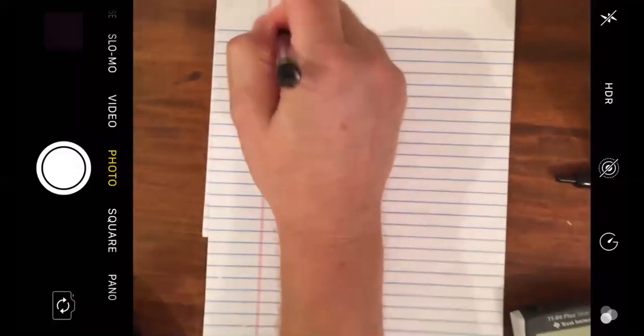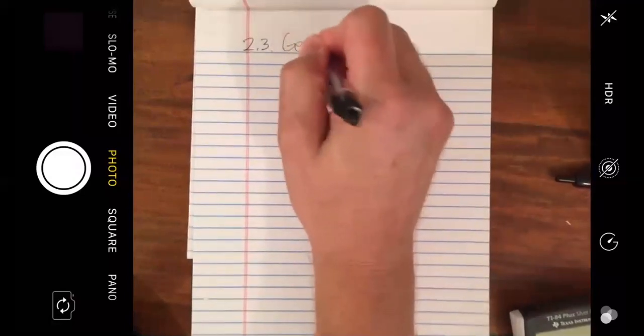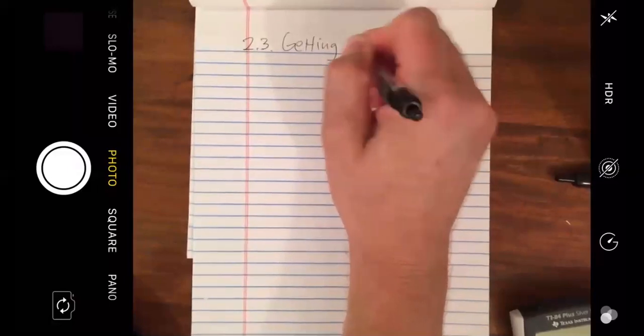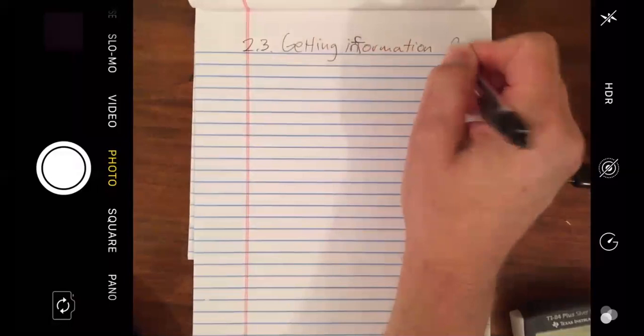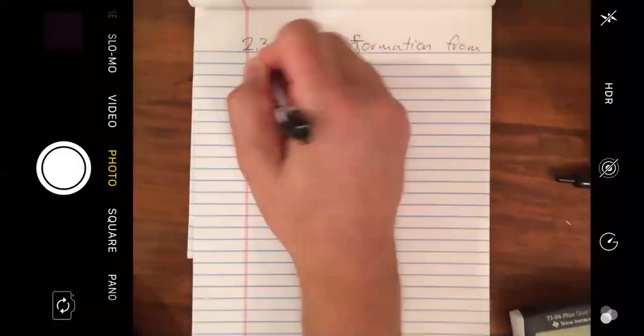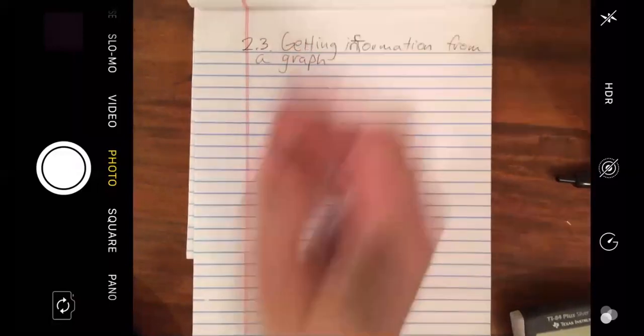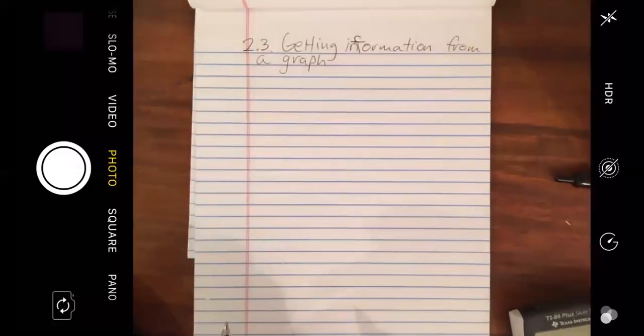Well, they're basically getting information from a graph. The easiest thing to do is probably charge right into the first problem, and you can see the kind of things they're going to ask you for.